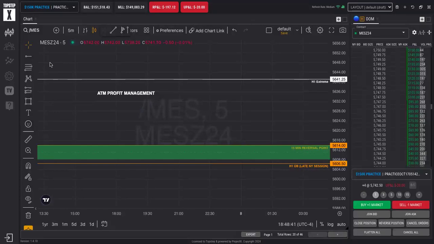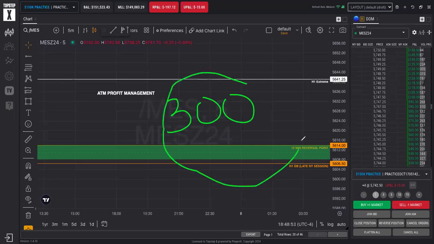In fact, let's do this. All right. First trade, make 300. So now, on your next trade, you're going to risk half of that, 150. Right?